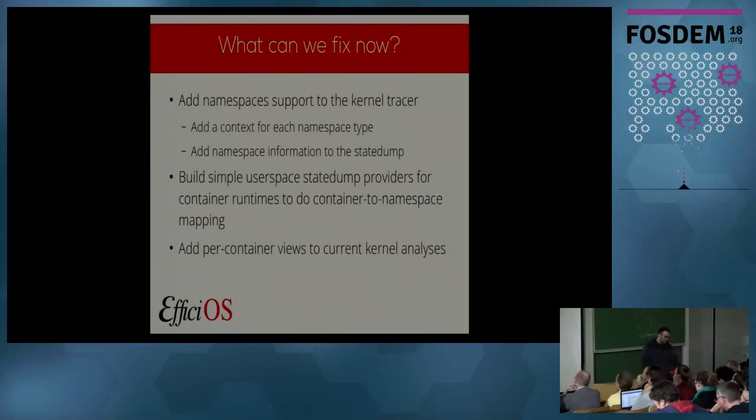So how can we fix that? Well, we currently have some patches where we add support for namespace contexts. So what is a context? In LTTng, a context is basically metadata that you can attach to each event in the kernel. For example, an existing context is the PID.